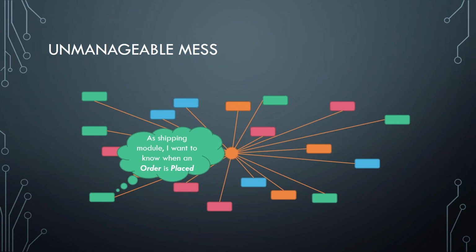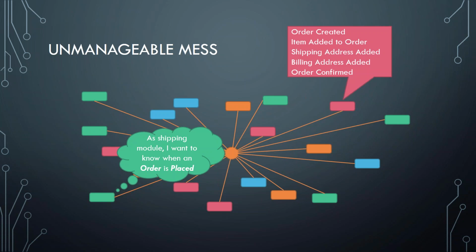That's a completely different discussion. But maybe the green component is a shipping module, and it wants to know when an order is placed. So the language the shipping guys use is an order is placed. But that is obviously not the language that the order component is using, because the order component is responsible for the life cycle of the creation of an order.